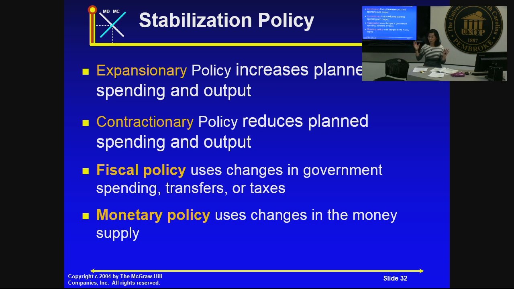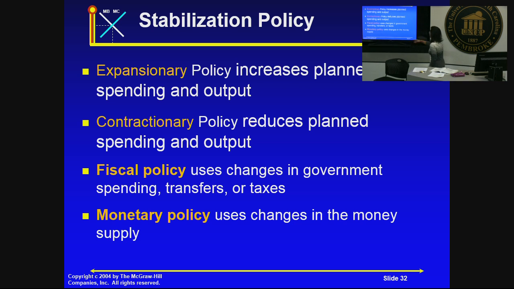Because remember, G equals T means you balance the budget. G greater than T means deficit. G less than T means very good, surplus. So that's all that you use, right? Tax and government expenditure. In the next chapter, monetary policy, we talk about money supply, interest rate, all that. That's why it's so important for you to master this chapter before we get to the next one. Because if you don't, the next chapter is very difficult.